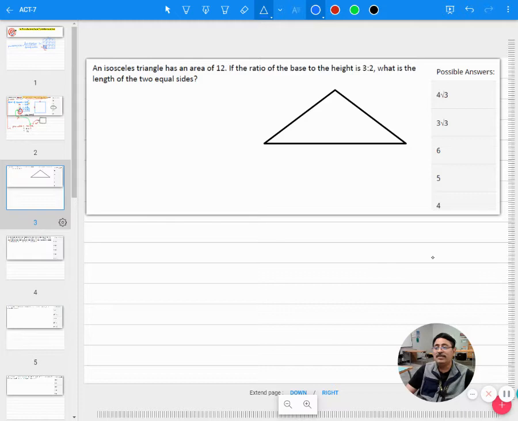Okay, let me take the pen. So, area is given as 12 units. The ratio of base to height is given as 3 is to 2.